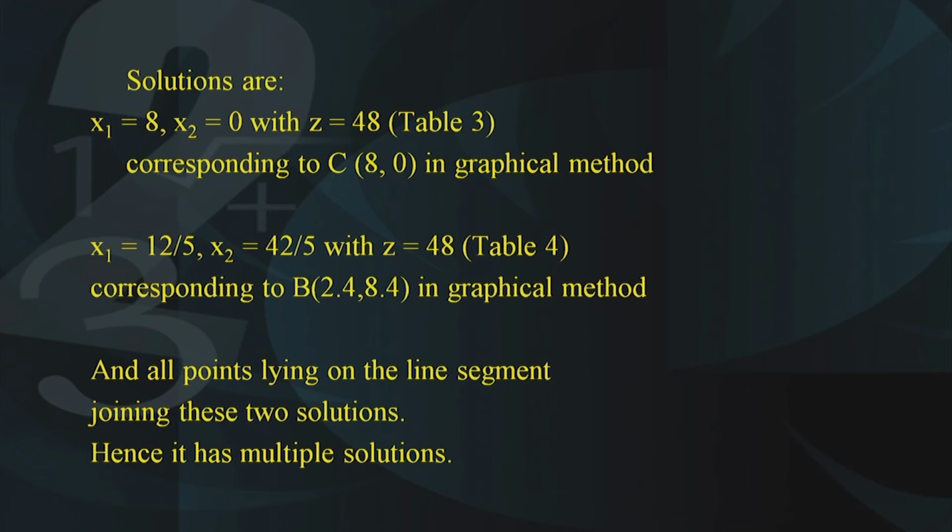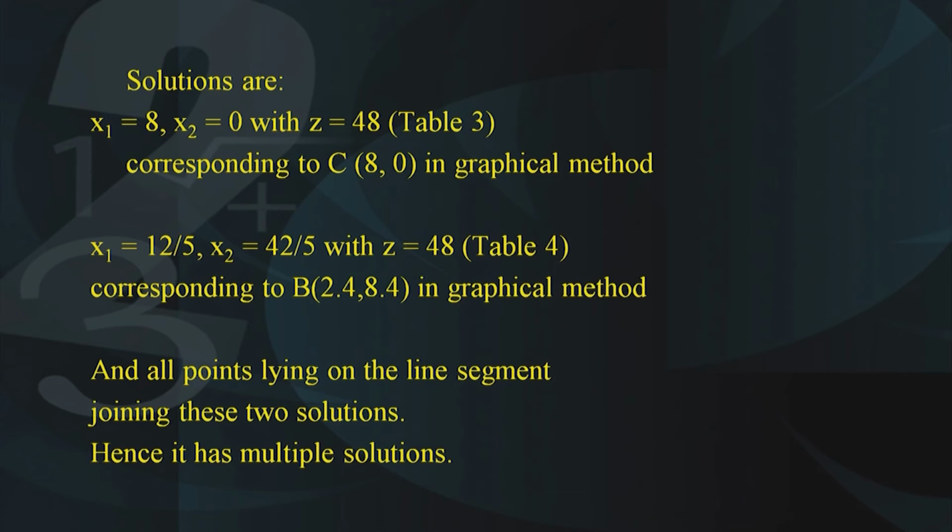Solution number 1 is x1 is equal to 8 and x2 is equal to 0, and it has an objective function value of 48. This corresponds to the table number 3 that we have just now obtained, and this also corresponds to the point C given by 8, 0 in the graphical method.